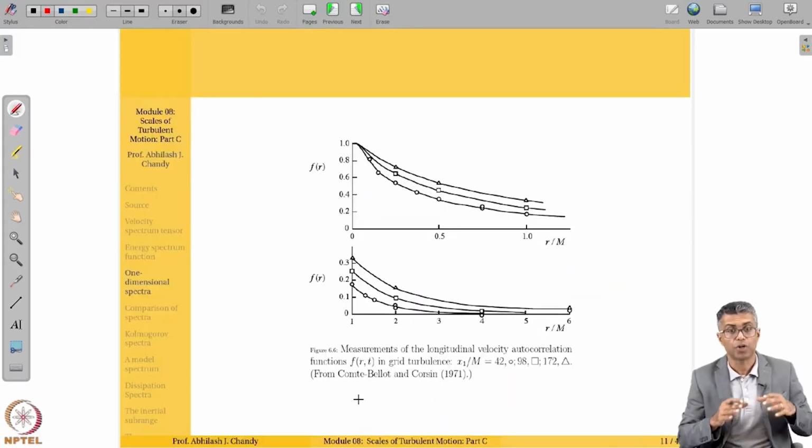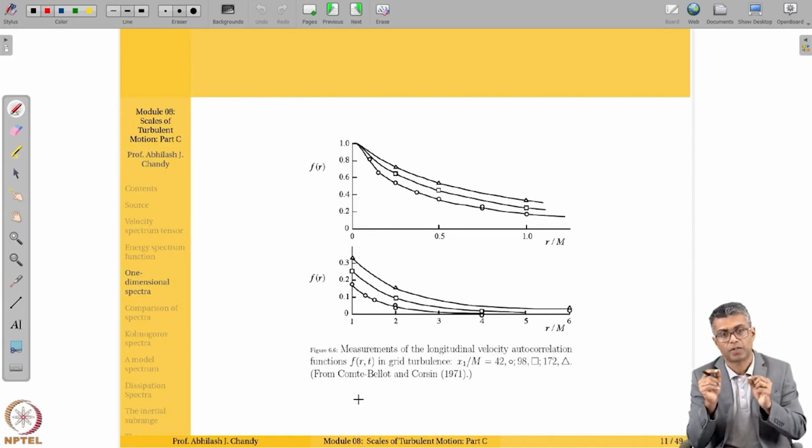This is the autocorrelation function variation in grid turbulence. What is shown here are measurements of the longitudinal autocorrelation functions at three different locations. Here you have how f of r is varying with r over M, where M is the grid size in your grid turbulence, and r is the spacing between the two points.